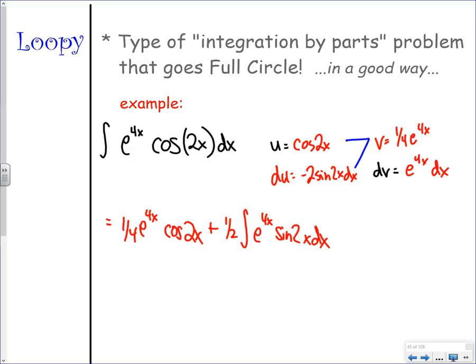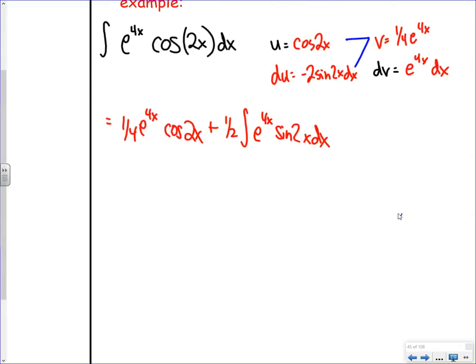Take a second. We all started the same way, at least those of us that are together. My question to you is, have I plugged into integration by parts correctly?